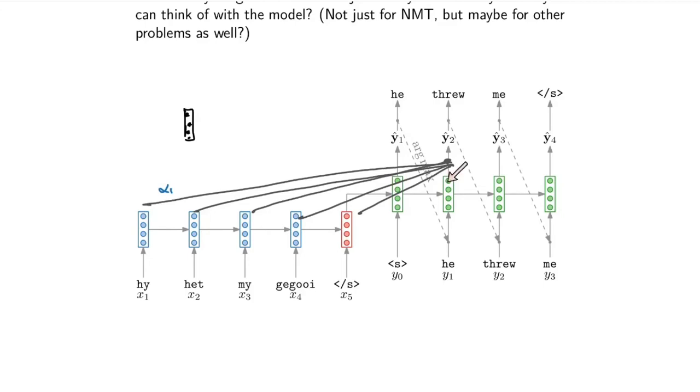Then according to this vector and this vector, I'm going to calculate an alpha 2. According to this vector and this vector, an alpha 3, and so on. And then this vector here is just going to be the sum of this vector times the scalar alpha 1 plus this vector times alpha 2 plus this vector times alpha 3.